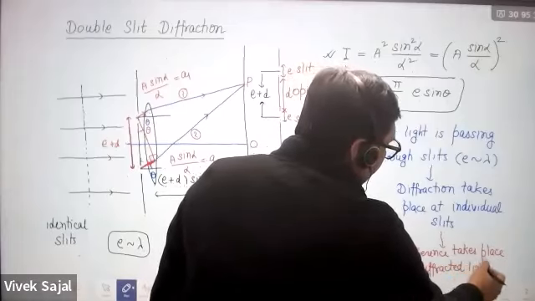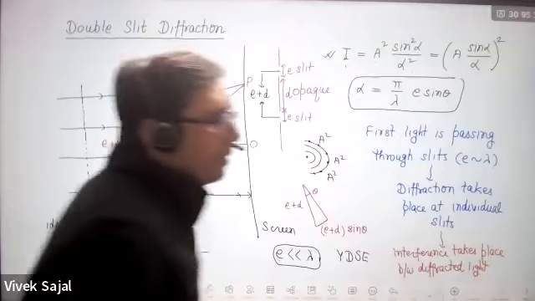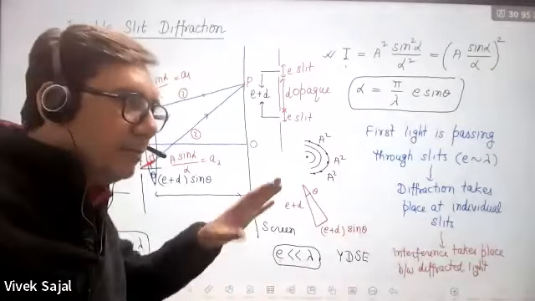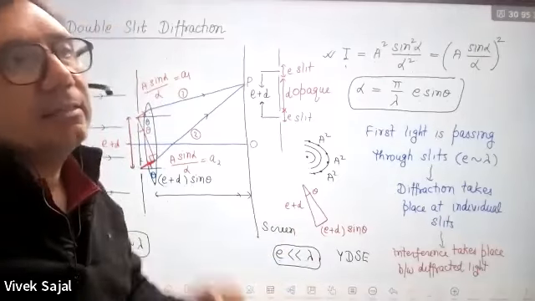So in this experiment, first diffraction is taking place, and after that, in between diffracted light, interference is taking place.